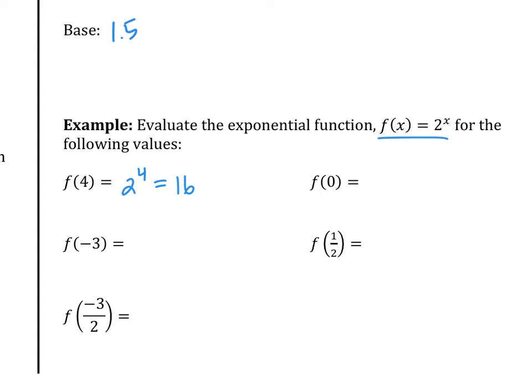Let me just review a few that are a little bit trickier. f of 1 half means 2 to the 1 half. Hopefully you still remember 2 to the 1 half is a square root.